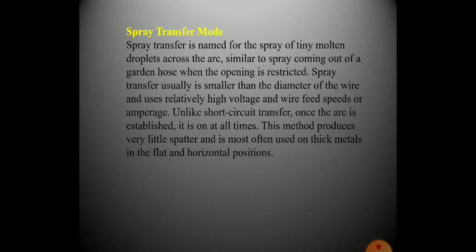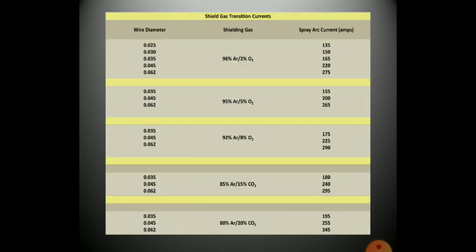In this spray transfer mode, there are various points leading to this transformation. Now this is the shielding gas transition current according to wire diameter in the spray mode: the spray arc current amperage for each wire diameter and shielding gas combination.